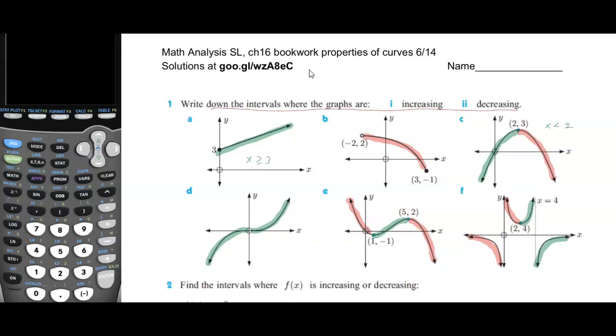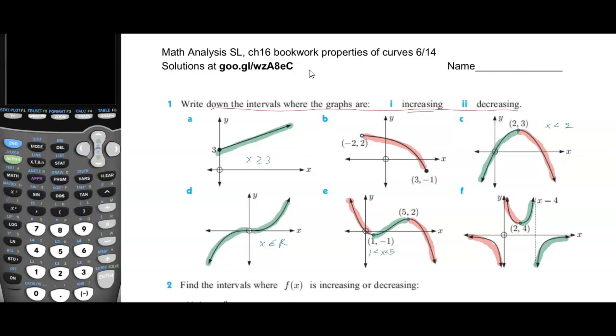And this would be, let's see. Well, it doesn't say strictly increasing, it just says increasing. Okay, so here we could say x is all real numbers. This would be x is between 1 and 5.